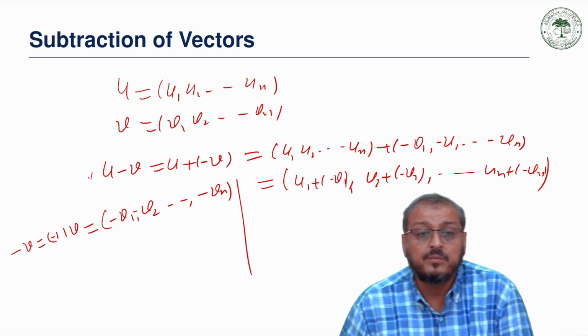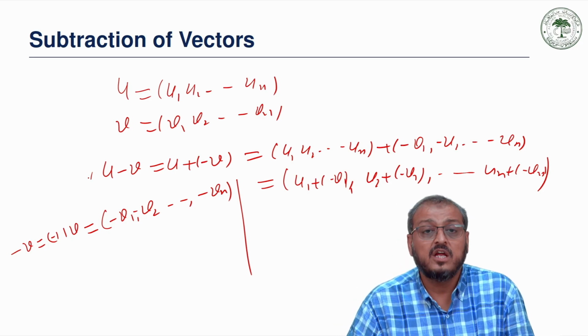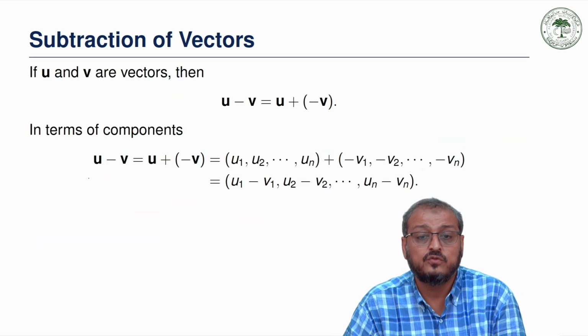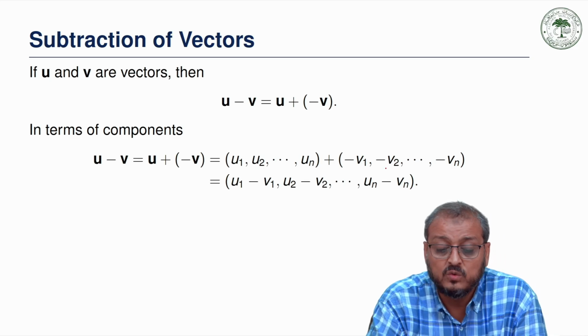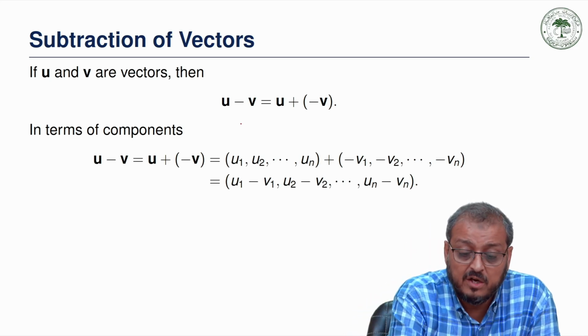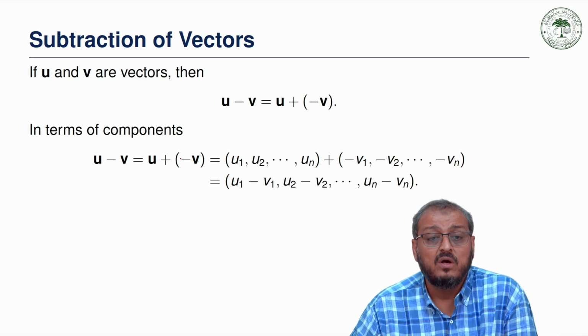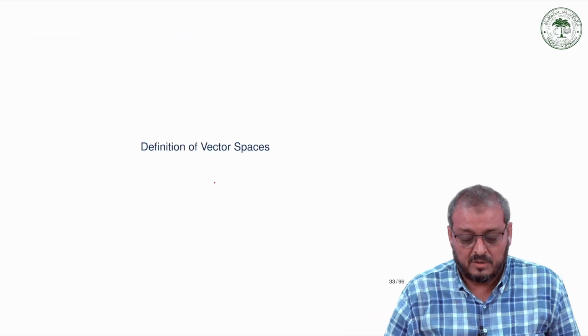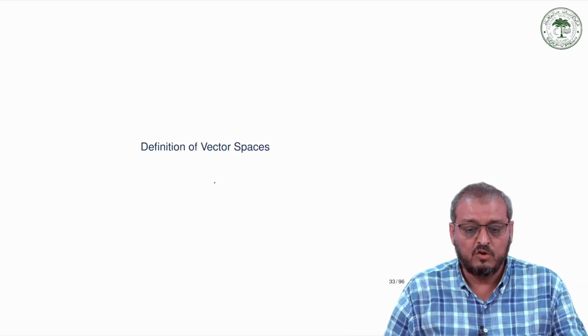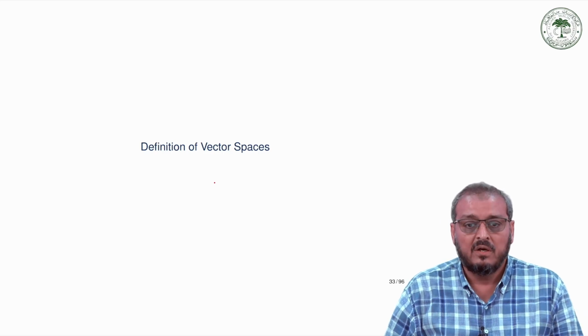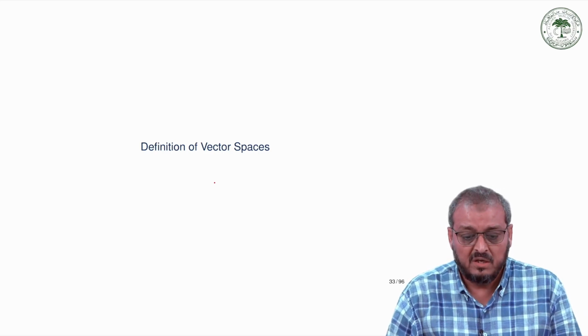So subtraction of any two vectors can be represented in this form. First we multiply the vector v by minus 1 and then add it to u. So now we are well equipped to define our topic of a vector space.